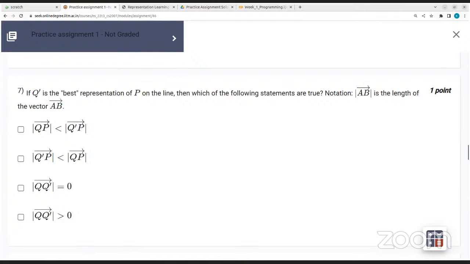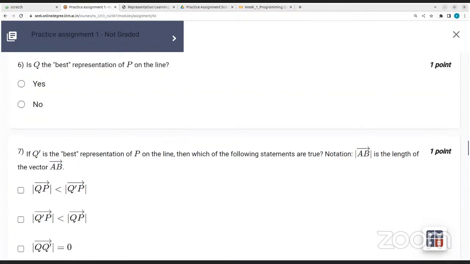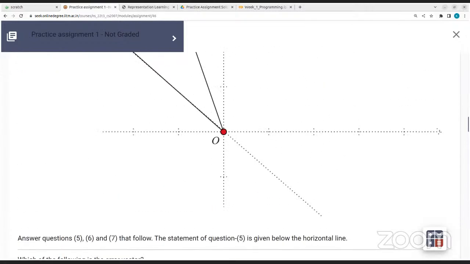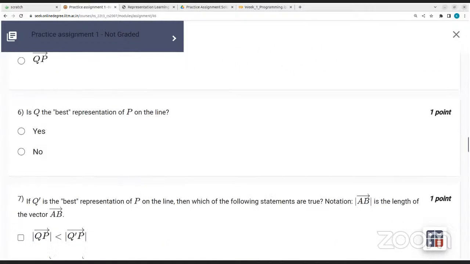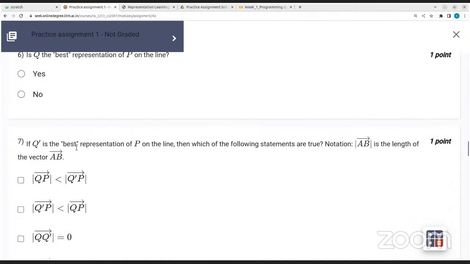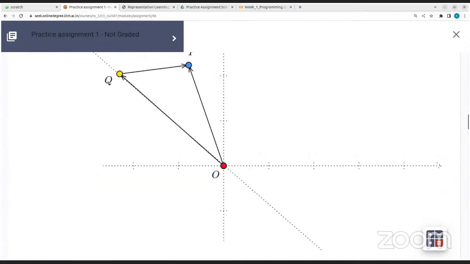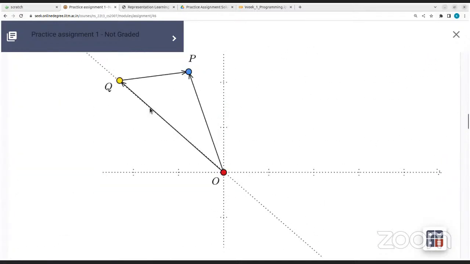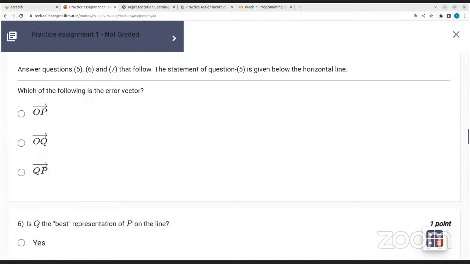If q is perpendicular, or if q prime is perpendicular, then it is possible to say. So q prime is the best representation of p, right? By definition it is the foot of the perpendicular from p.